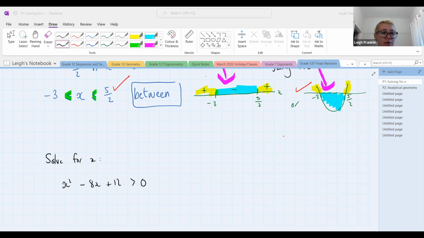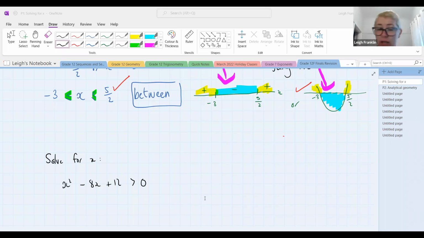Now they're not talking about the same region, right? They're still talking about a quadratic inequality, but they're asking for which values of x is y positive. So in other words, for x squared minus 8x plus 12, where is y positive? So y is going to be positive above the x-axis.